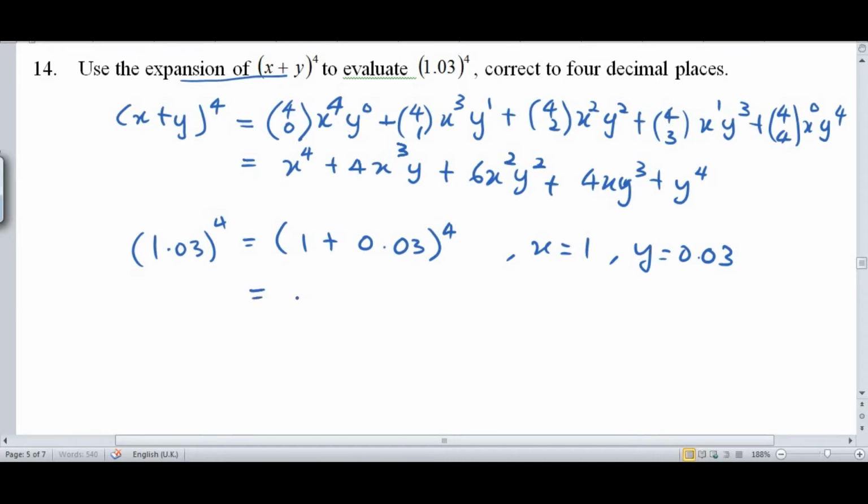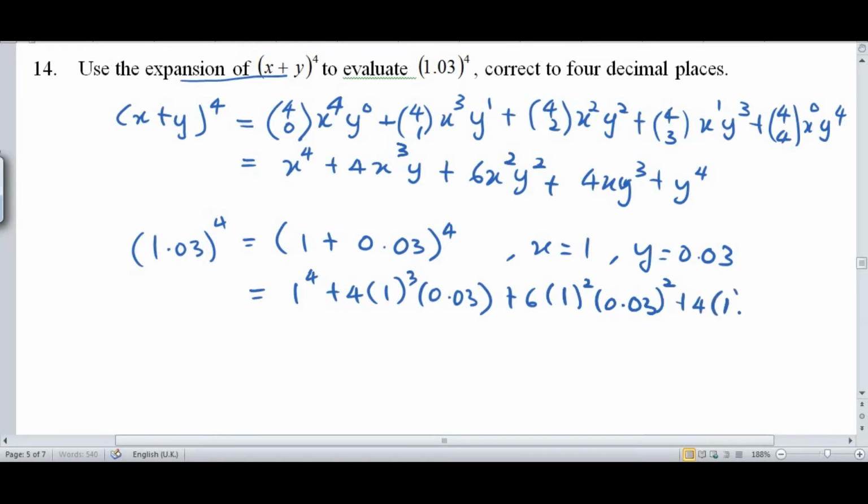Therefore you have 1 to the power of 4, plus 4 times 1^3 times 0.03, and then plus 6 times 1^2 times 0.03^2, plus 4 times 1 times 0.03^3, and the final term is 0.03^4.